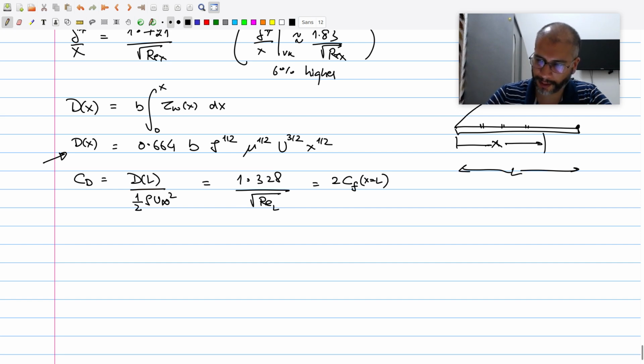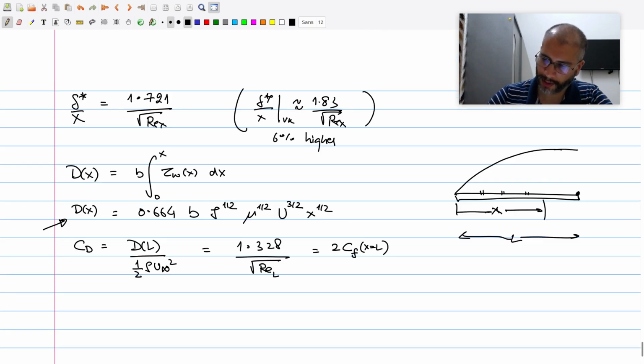If I calculate the skin friction coefficient CF at this point, it will be half of what we have for the total plate drag. Mathematically that makes sense, because as we go from left to right, the wall shear stress is reducing.